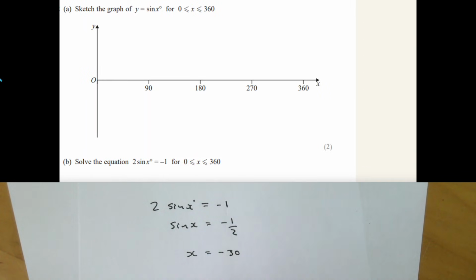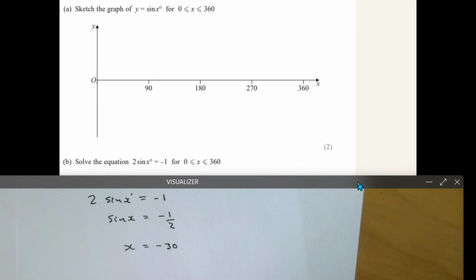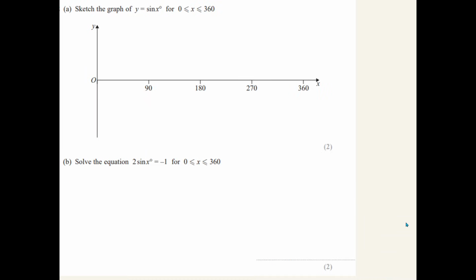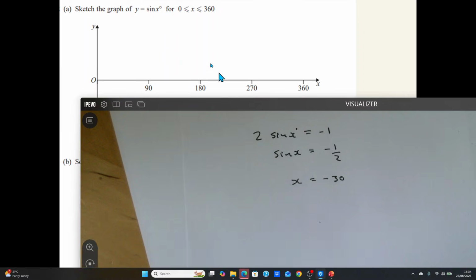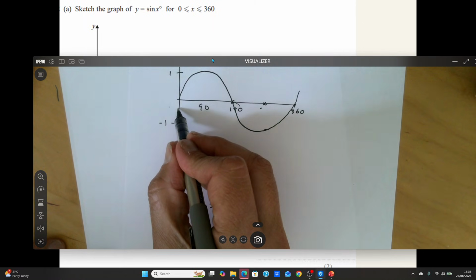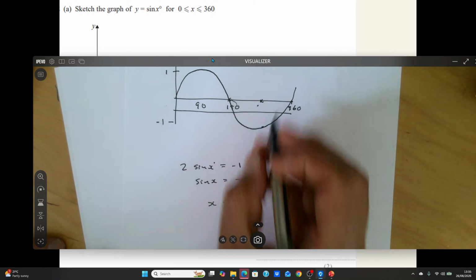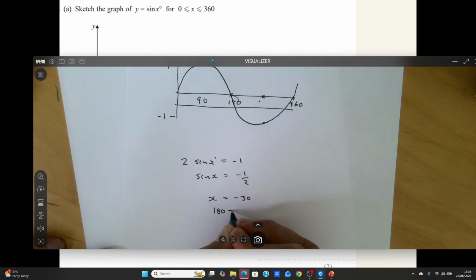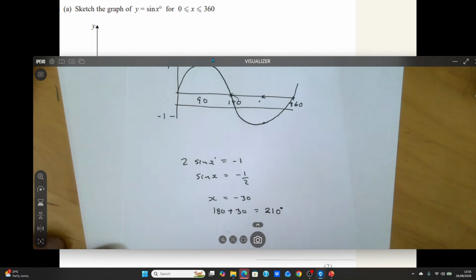Now, -30 degrees on your graph would be over here, but -1/2 is along here. So if you think about the curve, -1/2, well, there's a bit here which is 180 plus the 30, which is 210, which is one of my answers.